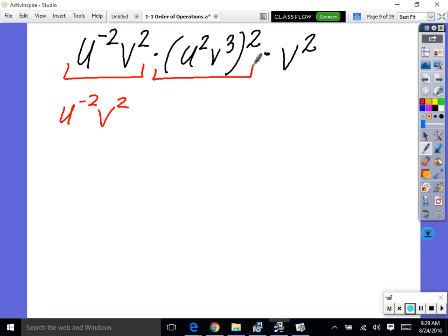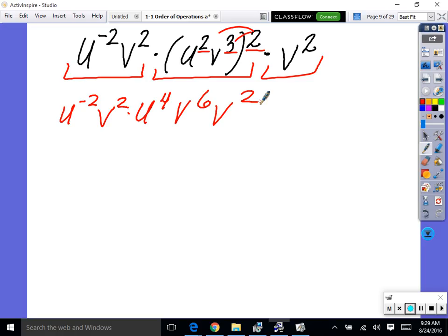I'm showing my work. Isn't this raising powers to a power? So you multiply. So we have u, and it was times, u to the 4th times v to the 6th, right? And then we still have a v squared. Now remember, we can reorder this in any order. Let's put all our u's next to each other, all our v's next to each other.